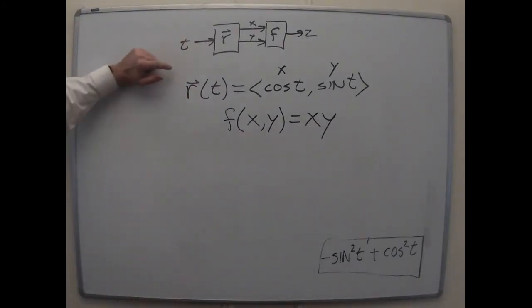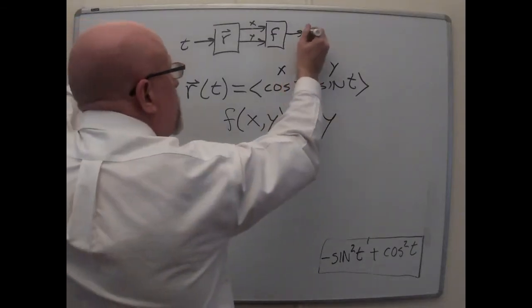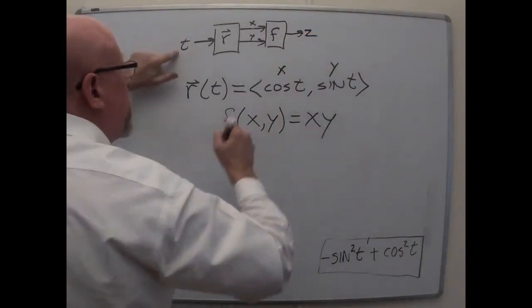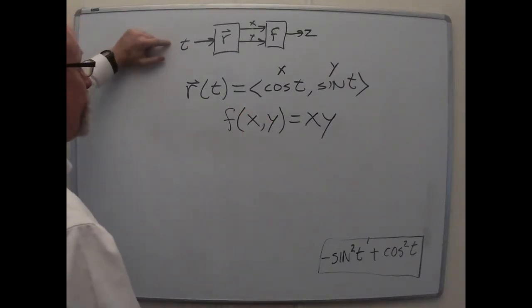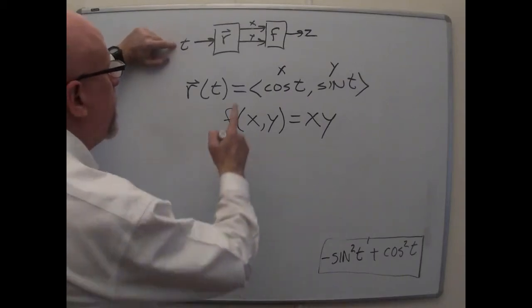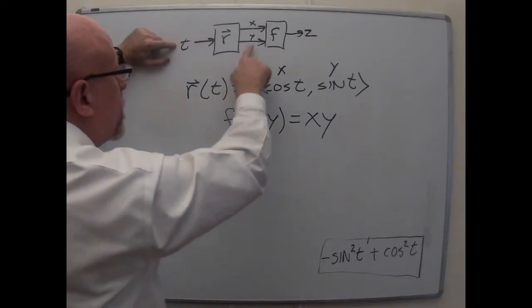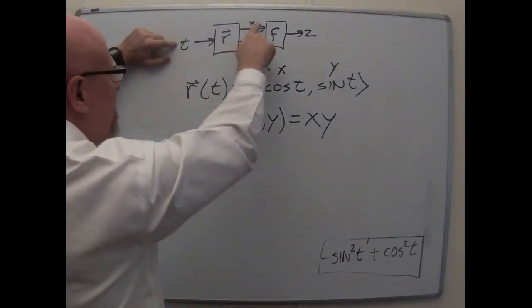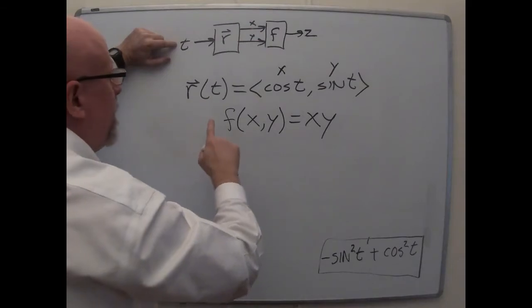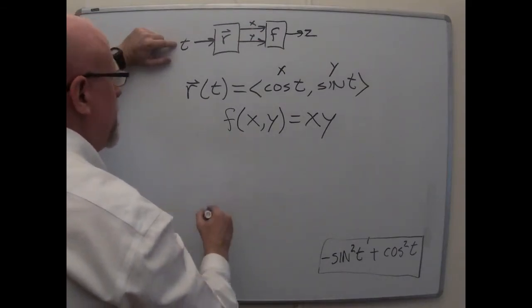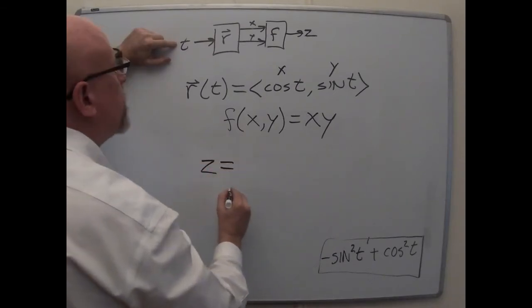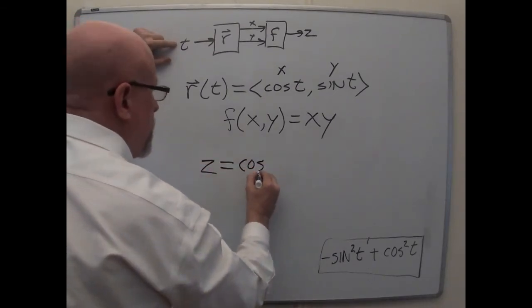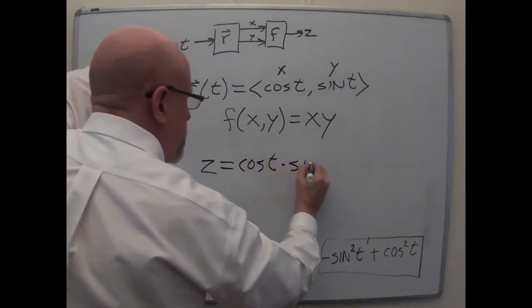Right, so can we figure out an expression for z straight up in terms of t? In other words, can we just deduce what the composition looks like? Yes, we can. t produces cos t here and sine t here, and then f just multiplies those things. So you could think of the composition as being z is the product of cos t and sine t.